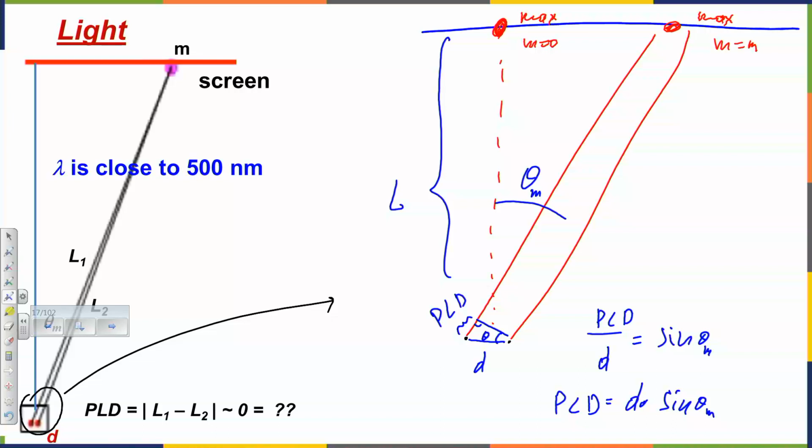which means this path length difference also is supposed to be equal to, according to the condition for constructive interference, this product. That's it. This is the actual working condition for the mth maximum, which we observe on the screen, generated by two sources or two slits, coherent.